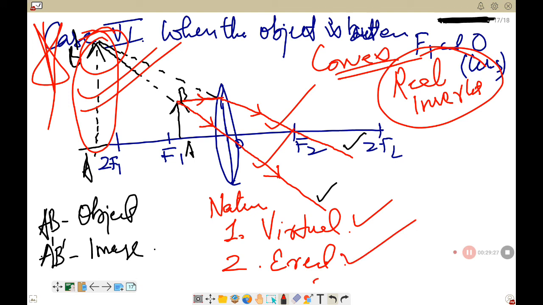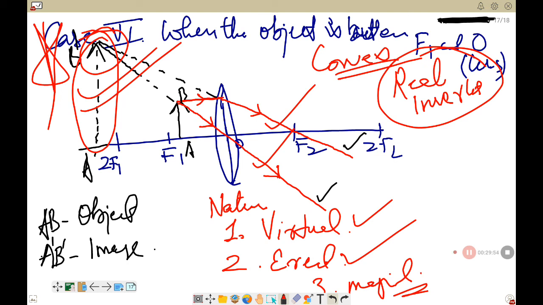Understand? And number 3 is that it is highly magnified. So these are the 3 natures of the image formed. You can put a star on this. It's very important. So when do you get a virtual and erect image from a convex lens?